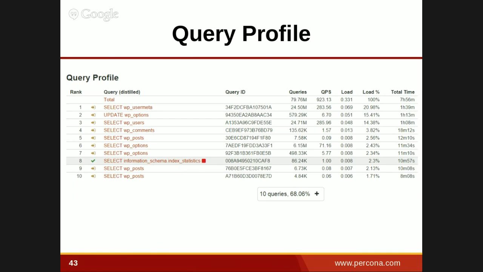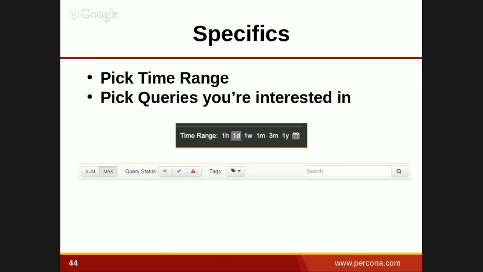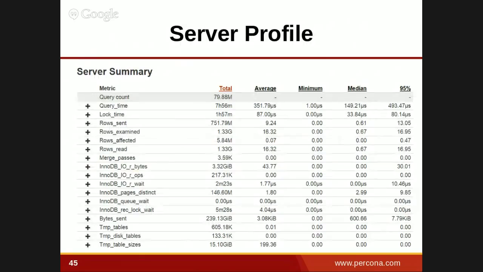So this is, for example, what you get as a query profile. In this case, we can see that this select was done so many times, and it contributes so much load on the system. There is so much total time, and so on. You can pick the queries you're interested in and the range, and then look at more details.